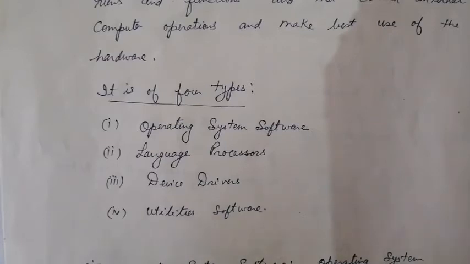And what are the different tools through which we can maintain our computer system? Maintenance means to clean up the system, to format the disk, to compress the disk drive, to scan the drive. Software through which we can perform all these functions is known as utility software.